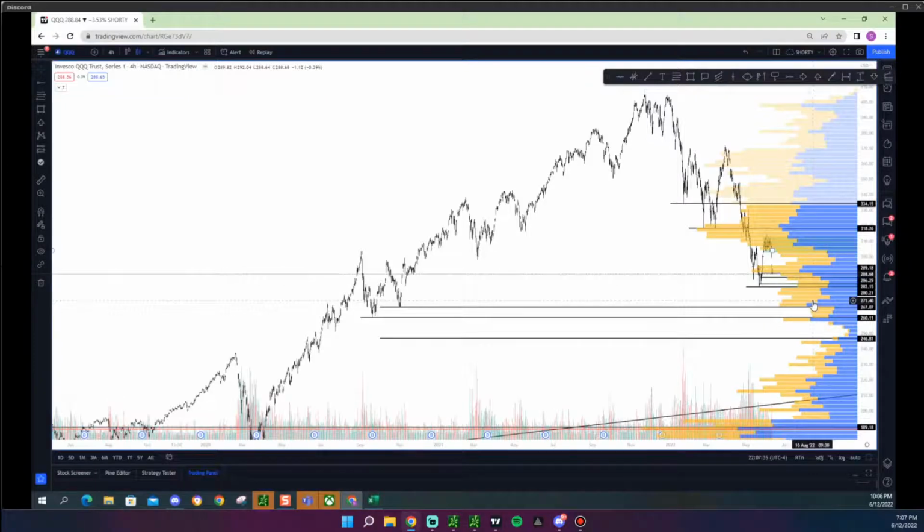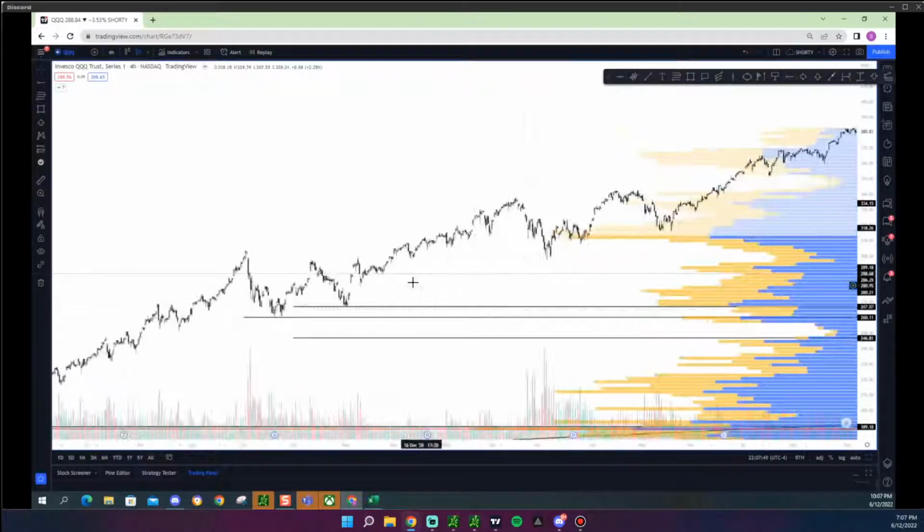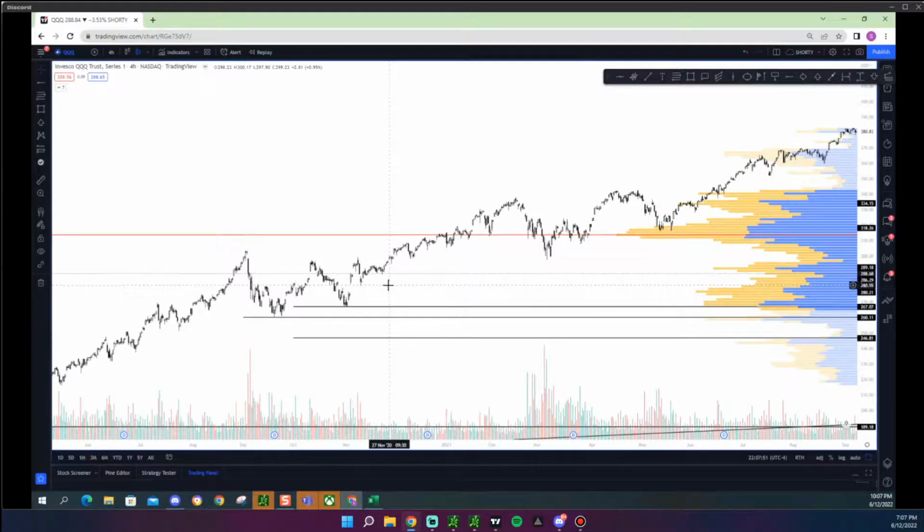I mean, that's pretty much all I see here. You have this guy, then you have this, which is inside the range. Then it has that gap. You guys see the gap? There's a little gap here. 280.